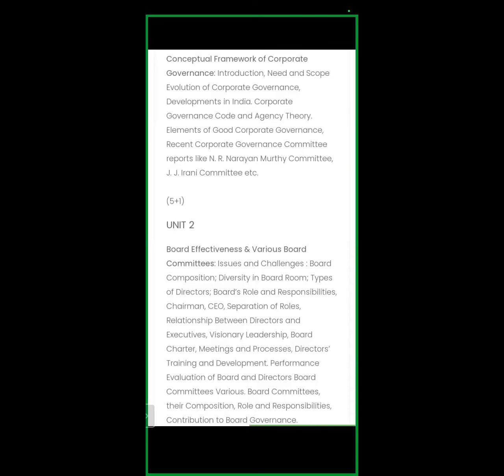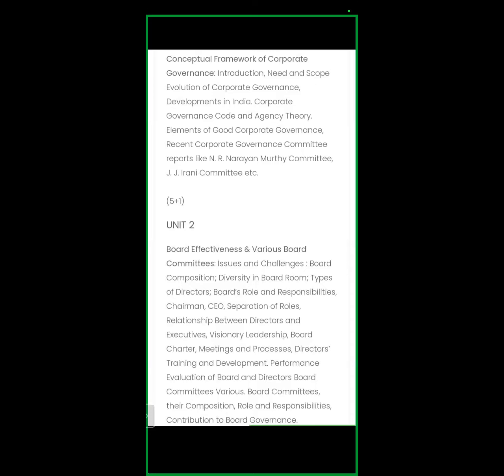How a board of directors is appointed, how the board itself is constituted, what are the rules and regulations, are there any role and responsibility or accountability for board members, because the board is considered as the highest authority of any company, which is responsible for taking all the key decisions related to the company.